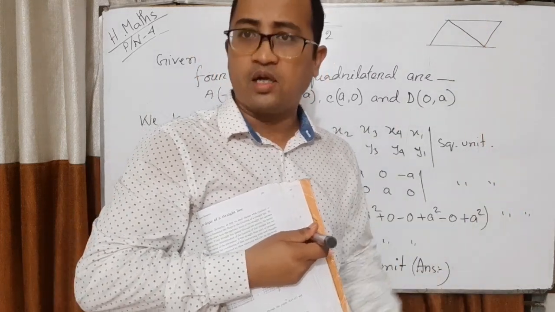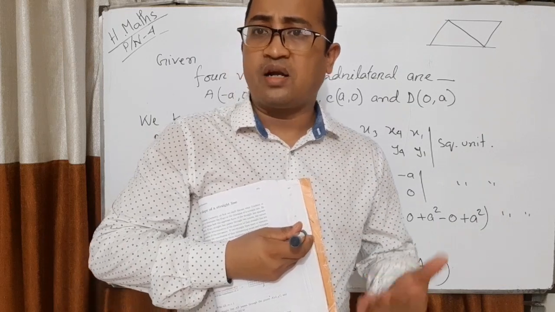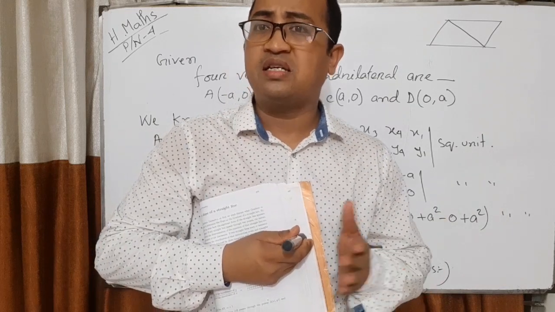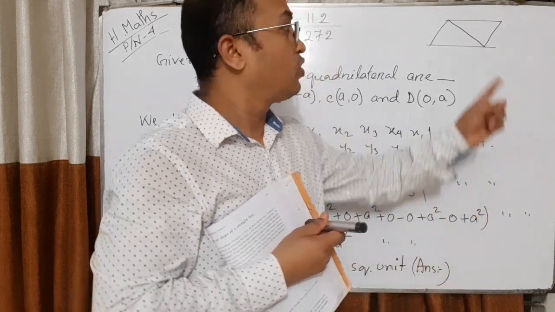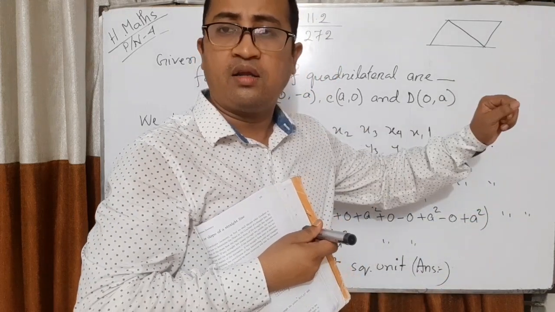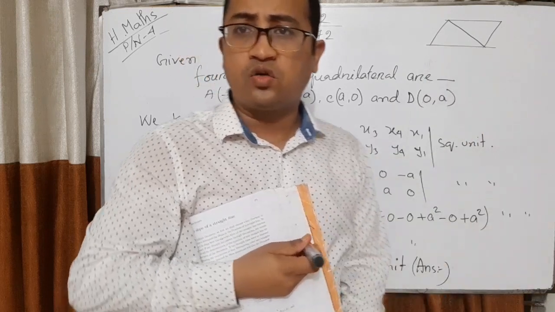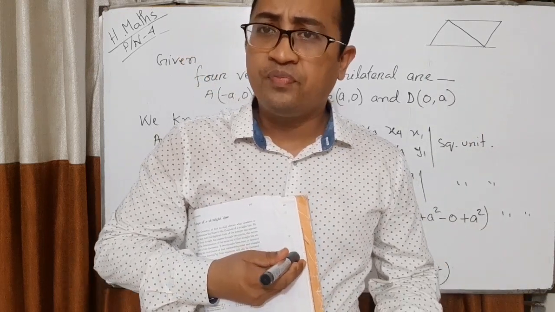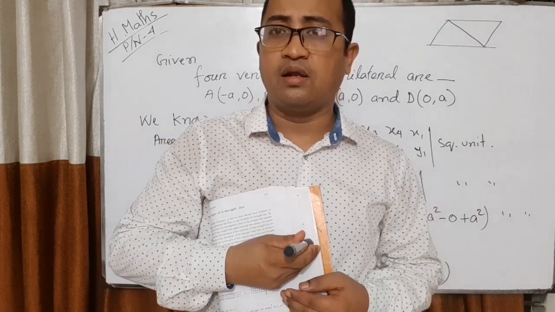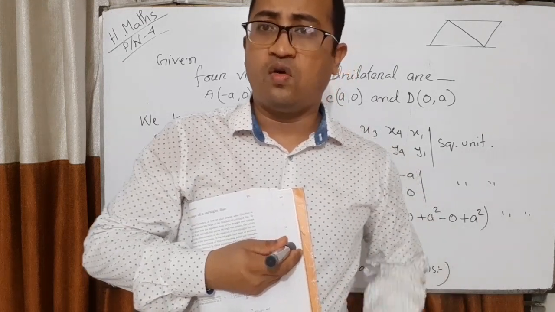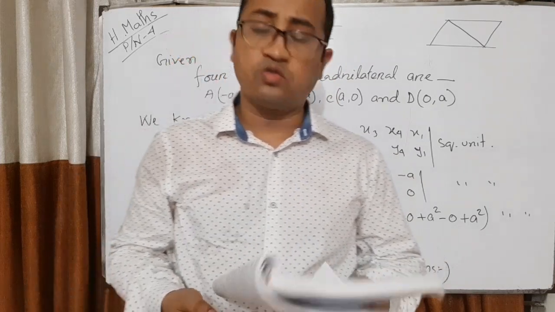The diagonal of a parallelogram divides it into two equal triangles. So if you know the area of one triangle, you can multiply it by 2 to get the area of the parallelogram. So how do you find the area of the triangle? I have already shown. So I hope you can solve this yourself.